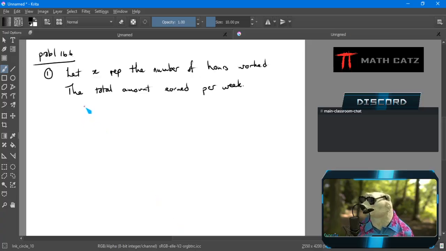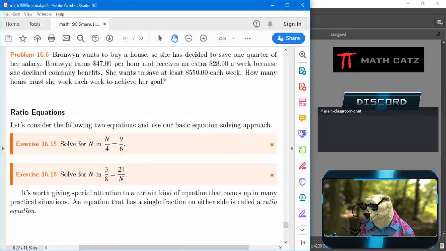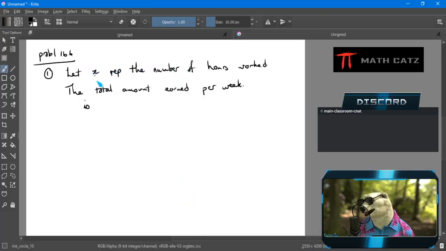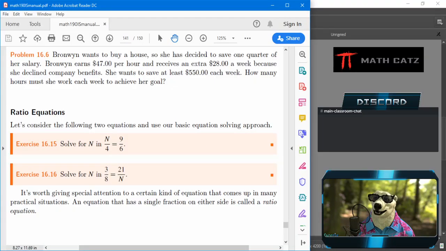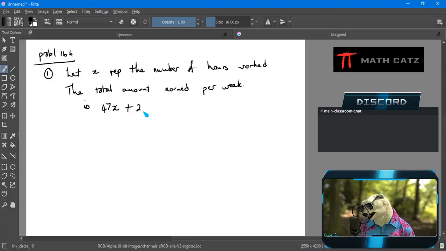Total amount earned per week is represented by $47 per hour. She works for X hours, so 47 times X, plus a little bonus of 28. See how I am not even thinking about the answer. I am just translating what they tell me.